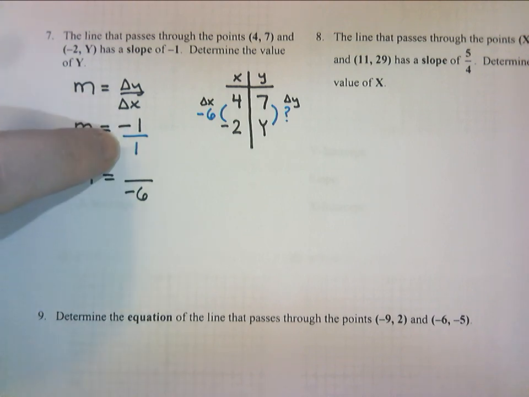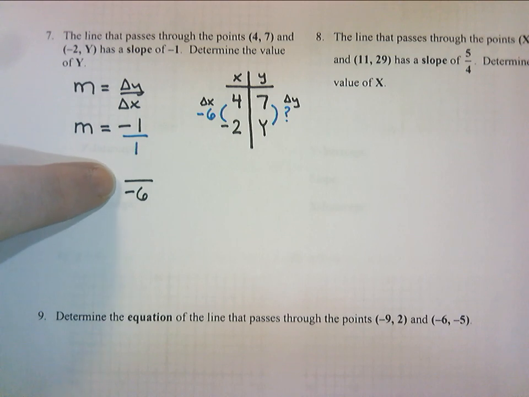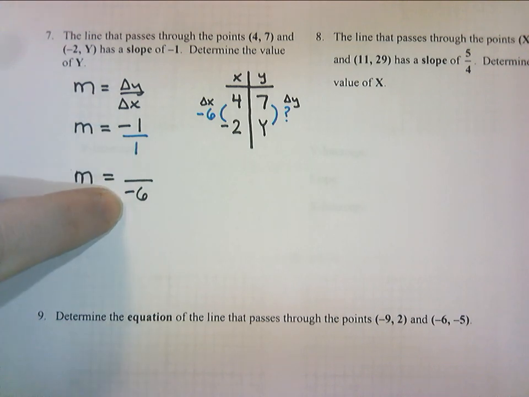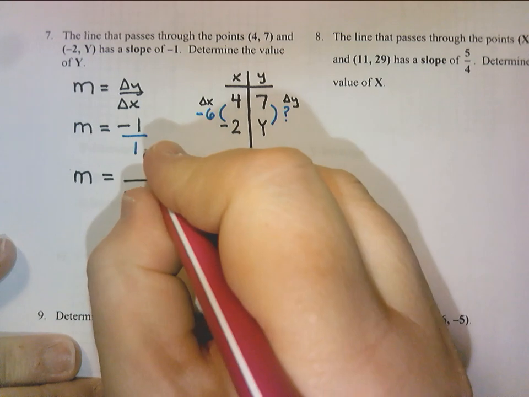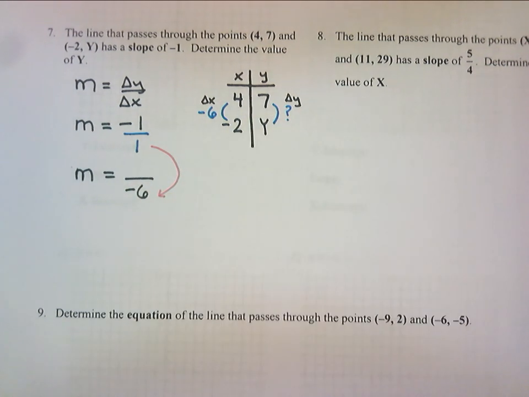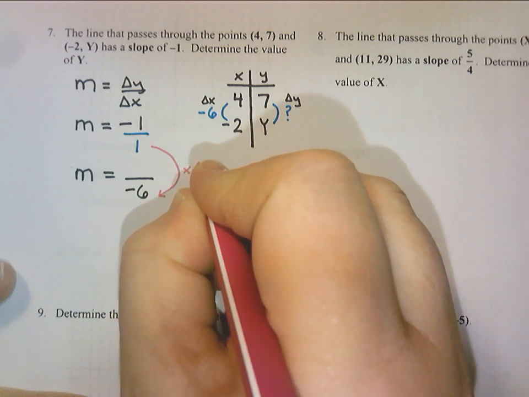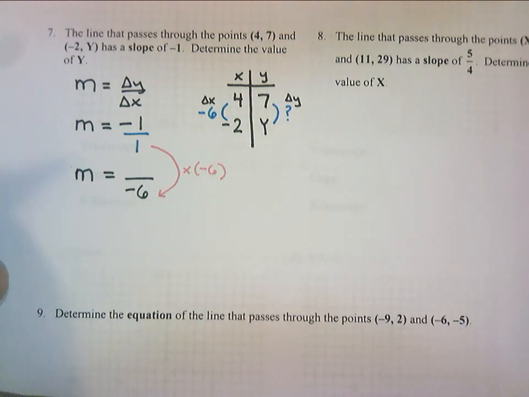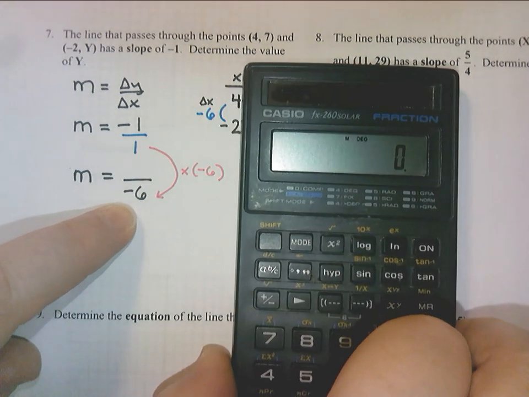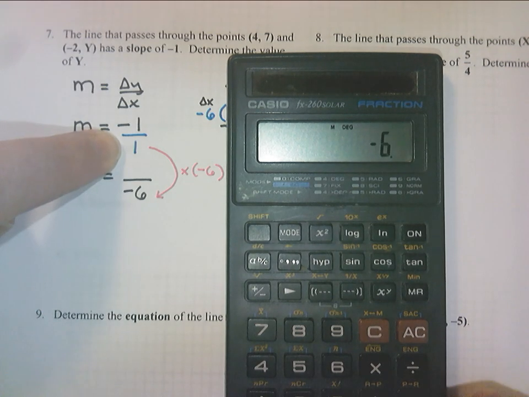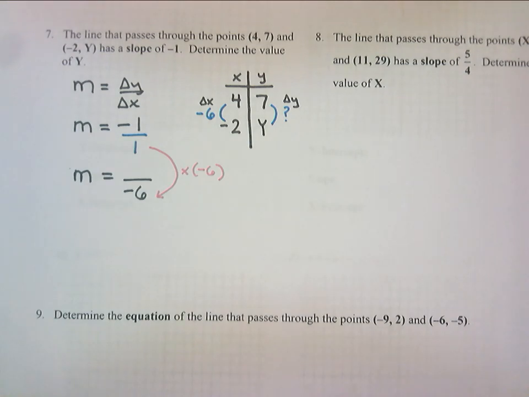So negative 1 over 1 is going to be the same as, we're not sure what, over negative 6. I'm going to ask myself, what did I do to the 1 in the denominator to turn it into a negative 6? And the answer is we multiplied by negative 6. If you couldn't figure that out, you can take negative 6 and divide it by 1, and we get that we multiplied by negative 6.